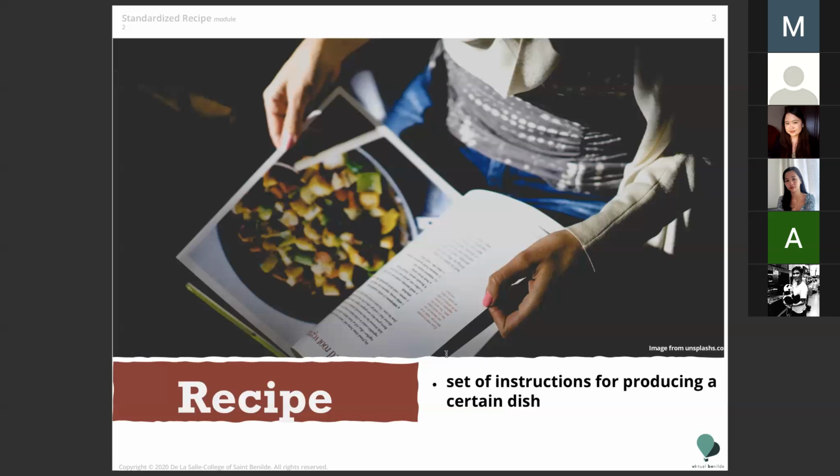So you use a recipe, unless of course there's always grandma and mommy to teach you sometimes, but it's a lot easier if you read something because you could always go back to that recipe. That's why a recipe is there.